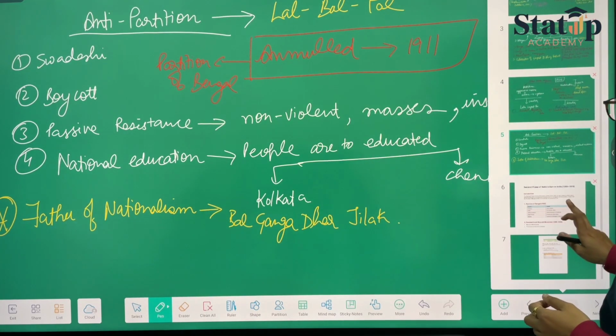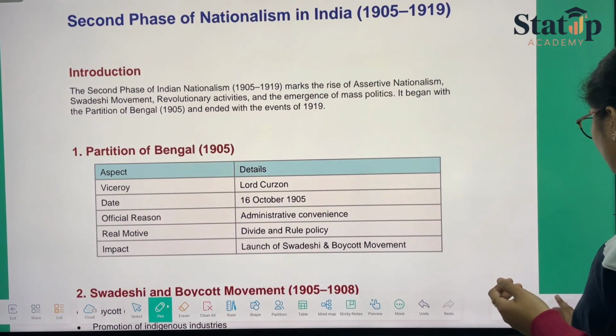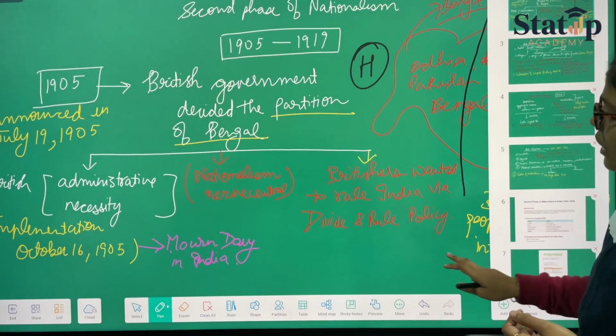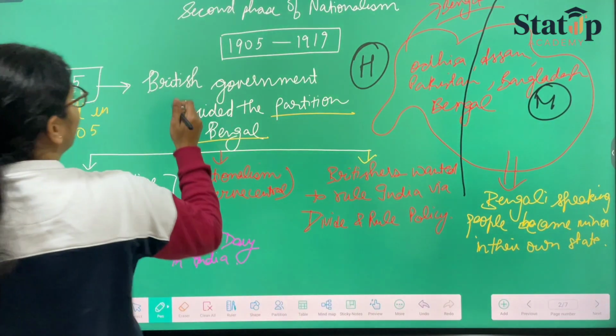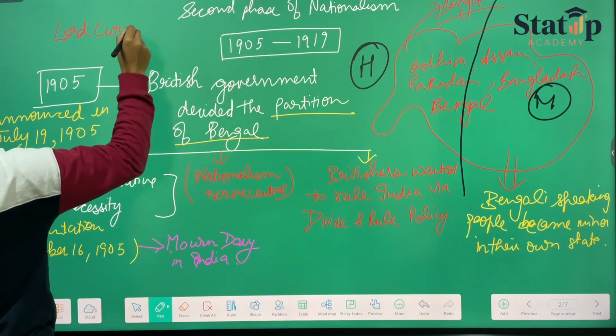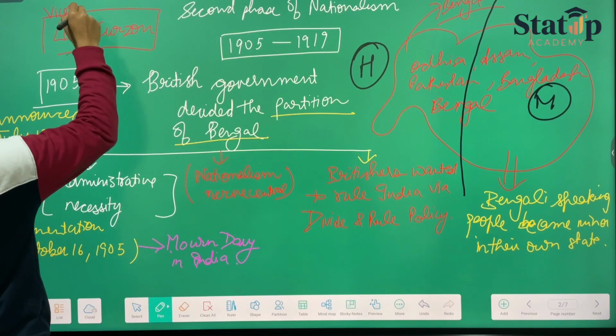One more thing over here. When the partition was announced, the leader at that time was Lord Curzon. This is also important. He was the viceroy of India at that time.